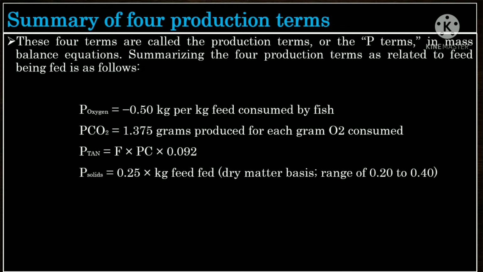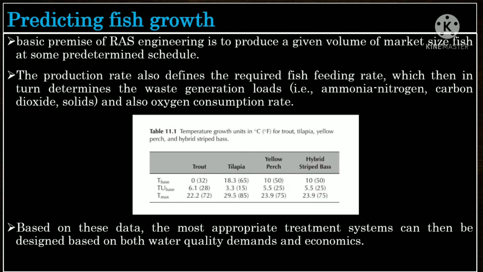So the P TAN is the F times PC times 0.092, and then the P solids is 0.25 times the kg fed, which is the dry matter basis range of 0.20 to 0.40.